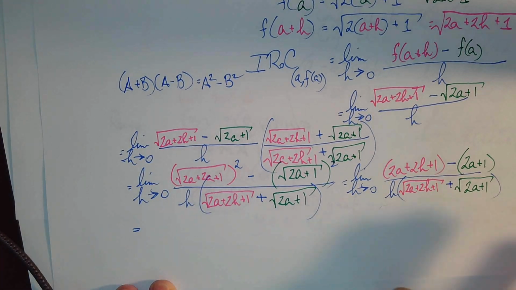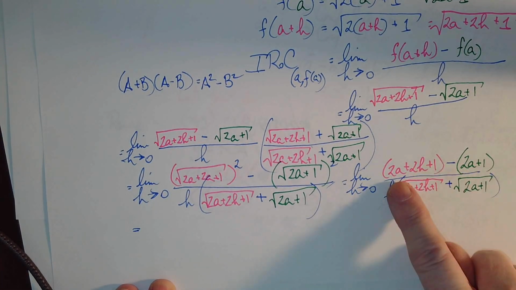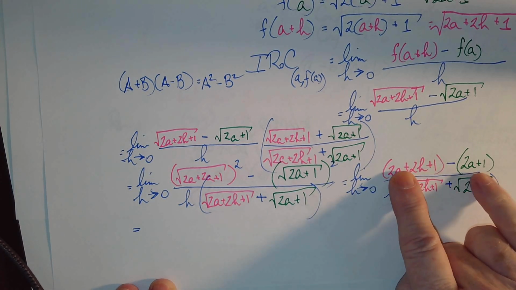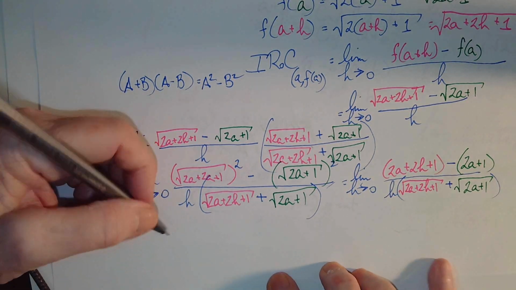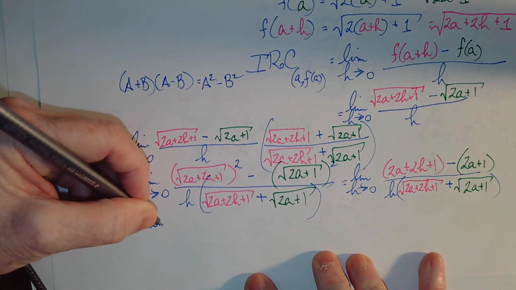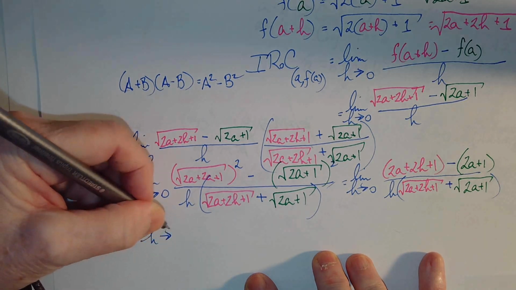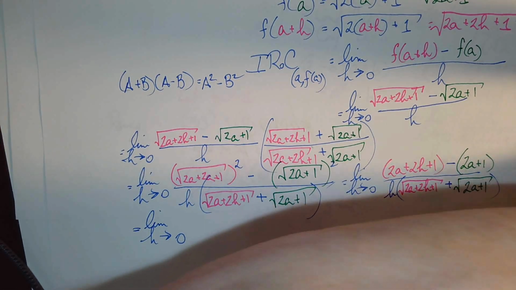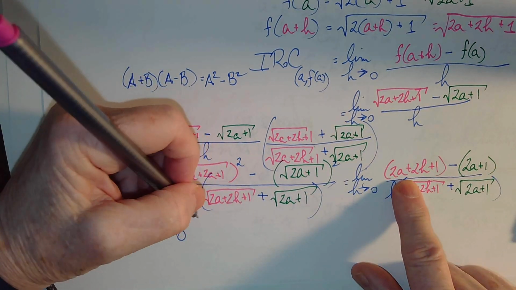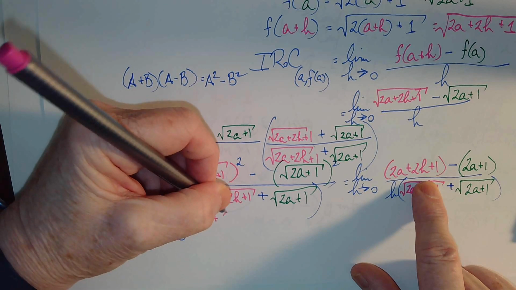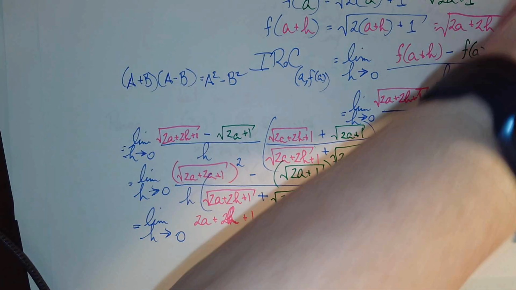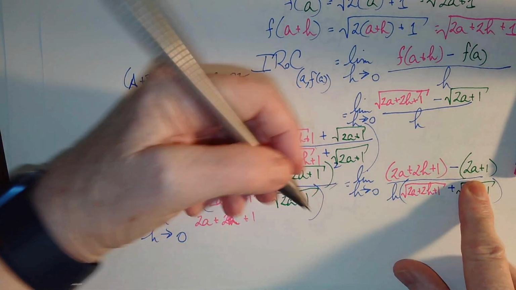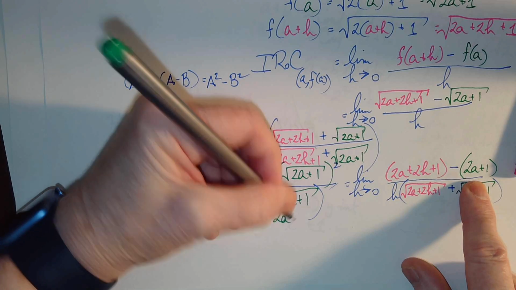Now, I know that it's just going to drive y'all batty, but I want to take one extra step and remove the parentheses in the numerator and then strike out common terms. You don't have to show this step. So we have the limit as h goes to 0 of 2a plus 2h plus 1. Negative 1 times 2a is negative 2a.